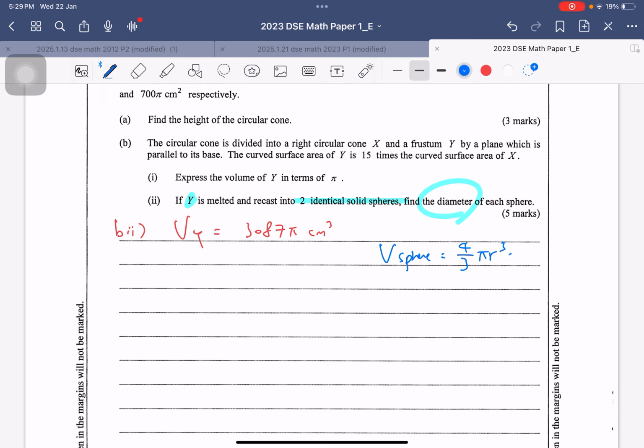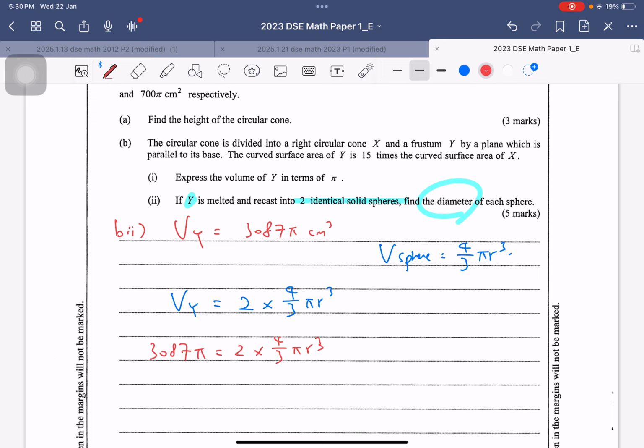So it's recast into two identical solid spheres, so we can say the volume of the frustum is equal to 2 times 4 over 3 pi r cubed. Then we can just substitute the numbers in. We have 3087 pi equal to 2 times 4 over 3 pi r cubed.